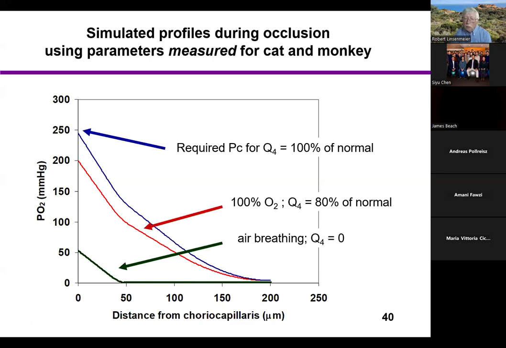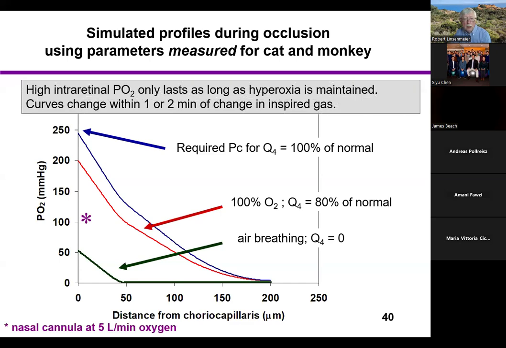You might need a little more than 100% oxygen to get oxygen consumption to be 100% normal, but you don't actually need hyperbaric oxygen. You have to breathe 100% oxygen. You can't just use a nasal cannula. Even with a nasal cannula running oxygen at a pretty high rate, it's still mixing with air.